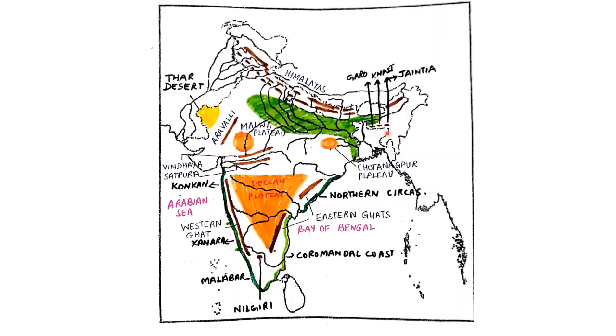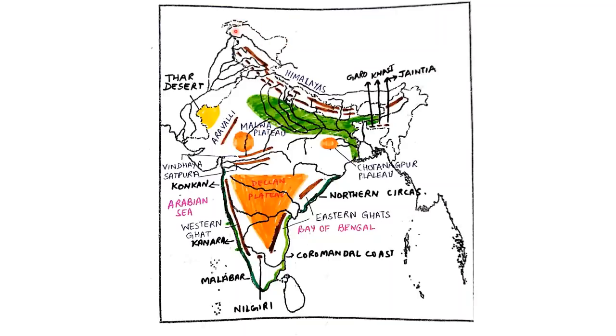So this 1, 2, 3 you will mark and write number 1 Garo Hills, number 2 Khasi Hills, and number 3 Jaintia Hills. Mark it children, so your mountains will be complete with Himalayas, Karakoram.